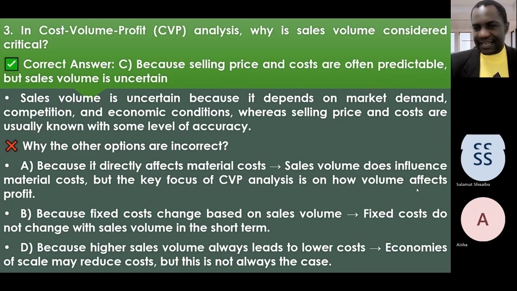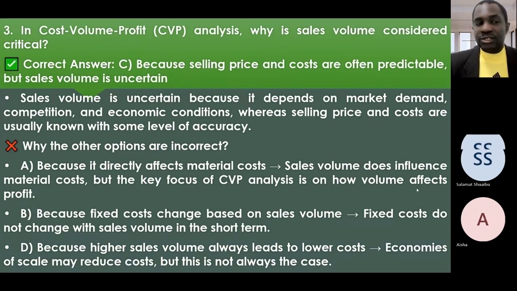I was surprised that you didn't catch that in the class. For example, you have the price of locks in the market. You know the cost of those materials, but you cannot predict how many you sell. It will depend on a lot of factors. That is why sales volume is always uncertain, and that is one limitation of CVP analysis.